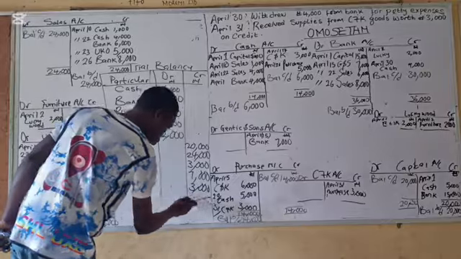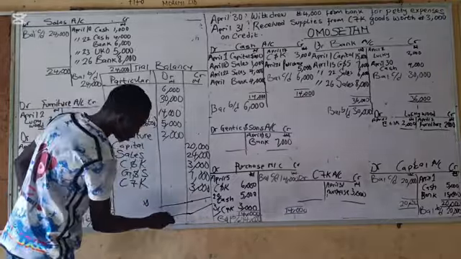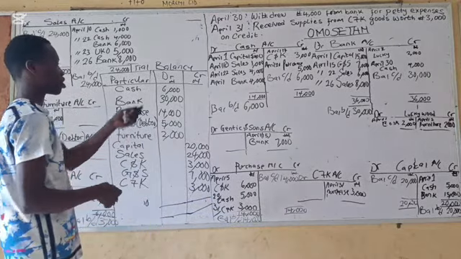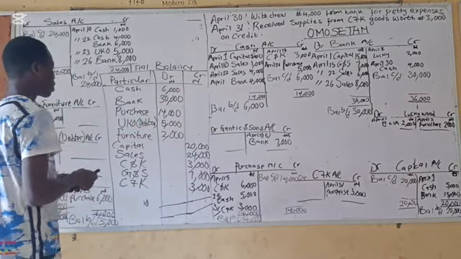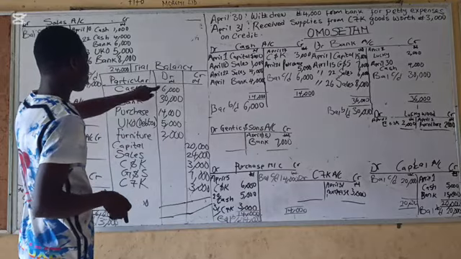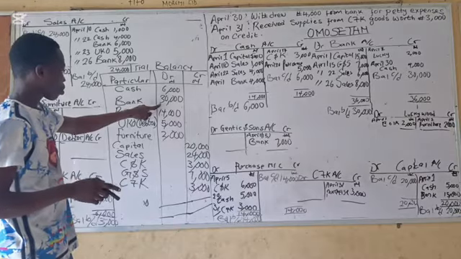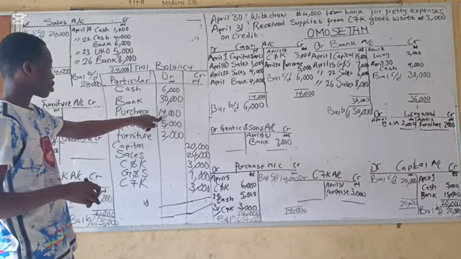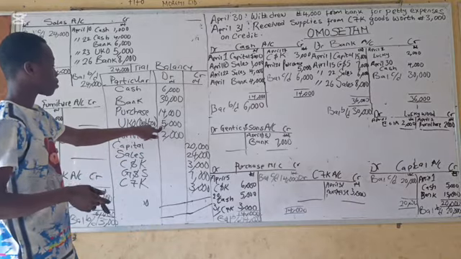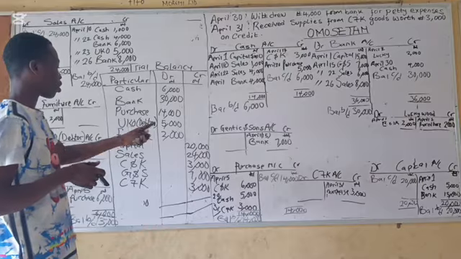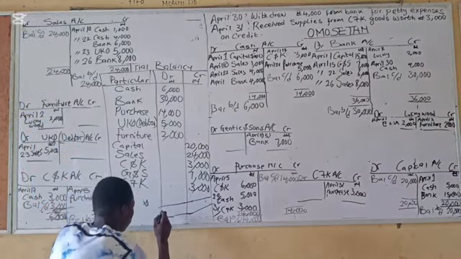Now let's balance this up. If the two sides are not equal to each other, it means there is an error. You have committed an error. You get it now. So now let's look at 6,000 plus 30,000, that is 36,000. 36,000 plus 14,000, that is 50,000. 50,000 plus 5,000, that is 55,000. Plus 2,000, that is 57,000.